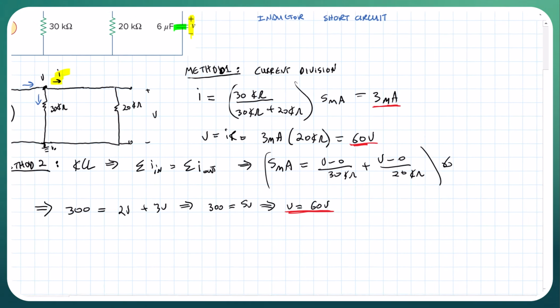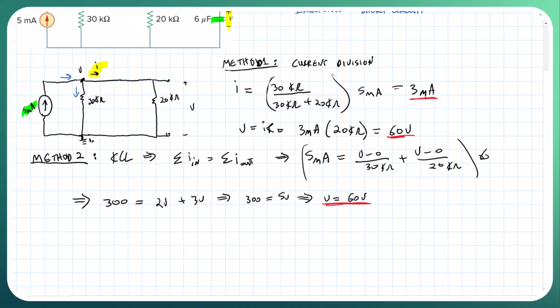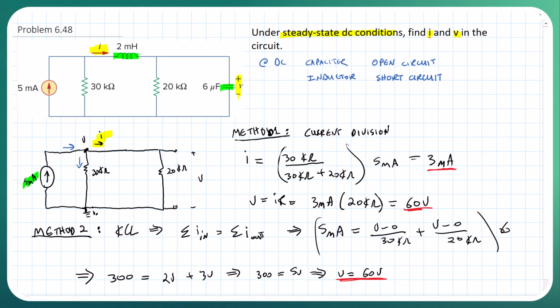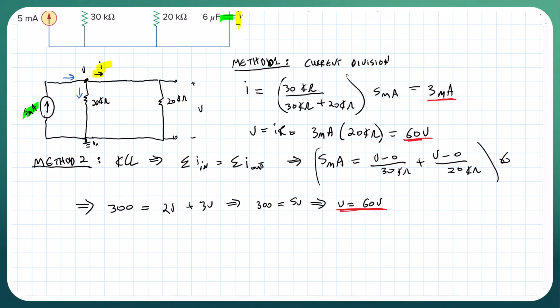Again, that's in case you forgot the current division equation. Okay, now to get the current, we just go back and use Ohm's law again. V equals IR. So now I equals V over R, where V is 60 volts.